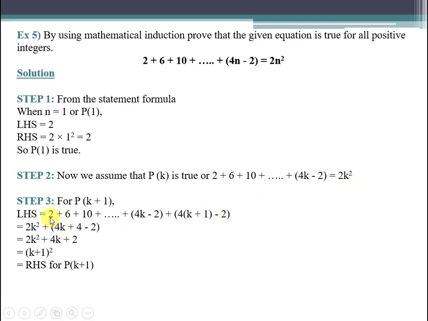So we can now change this expression to 2k squared, and we have 2k squared plus 4k plus 2, which equals 2 times (k plus 1) squared, using the short multiplication formula.